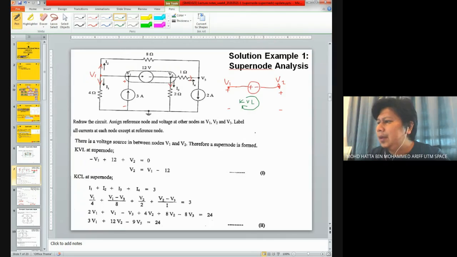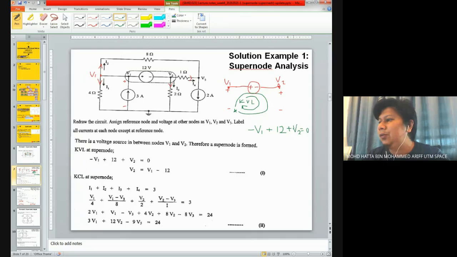So here we have negative V1, if I start from here, going around the circuit and back to here: negative V1 plus 12 volts, and later on plus V2, and all this should equal 0.